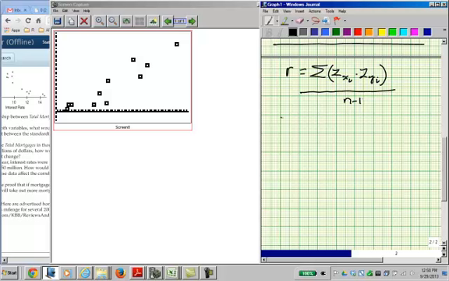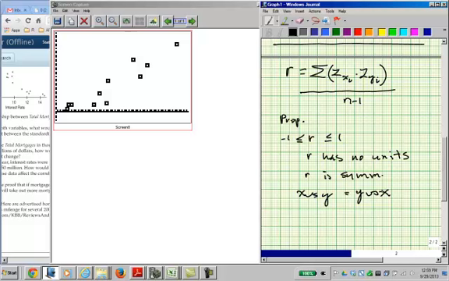Now, correlation has properties. First of all, r is greater than or equal to -1 and less than or equal to 1, always. R has no units. R is symmetrical. That is, the correlation for x versus y equals the correlation for y versus x.